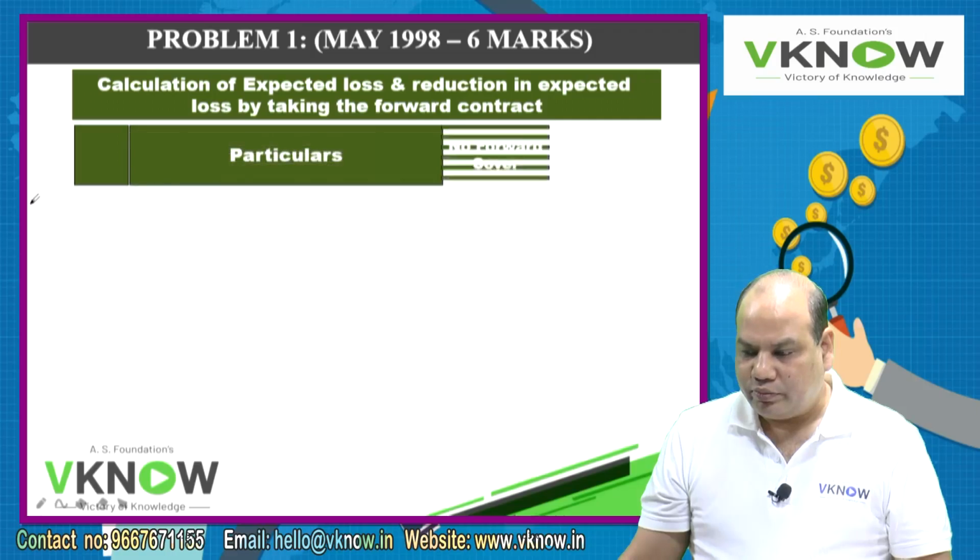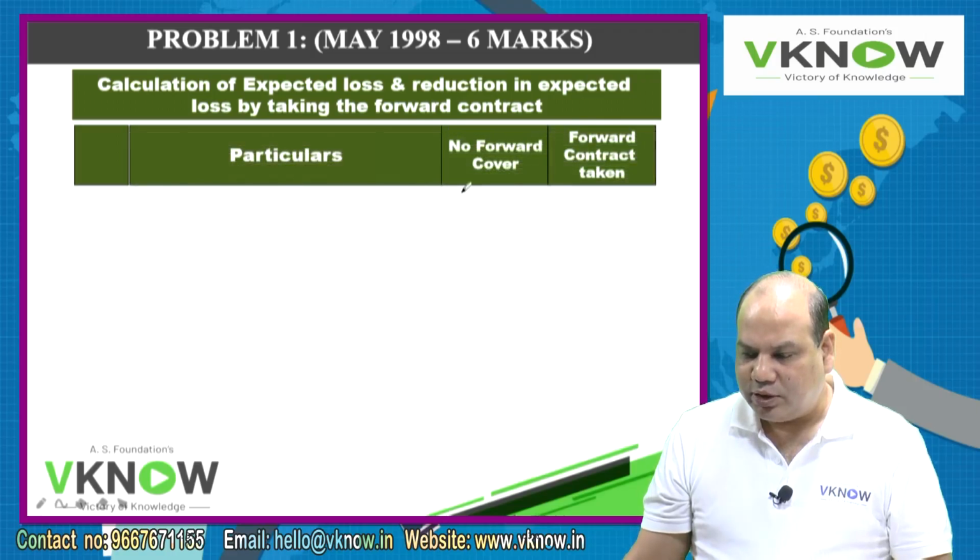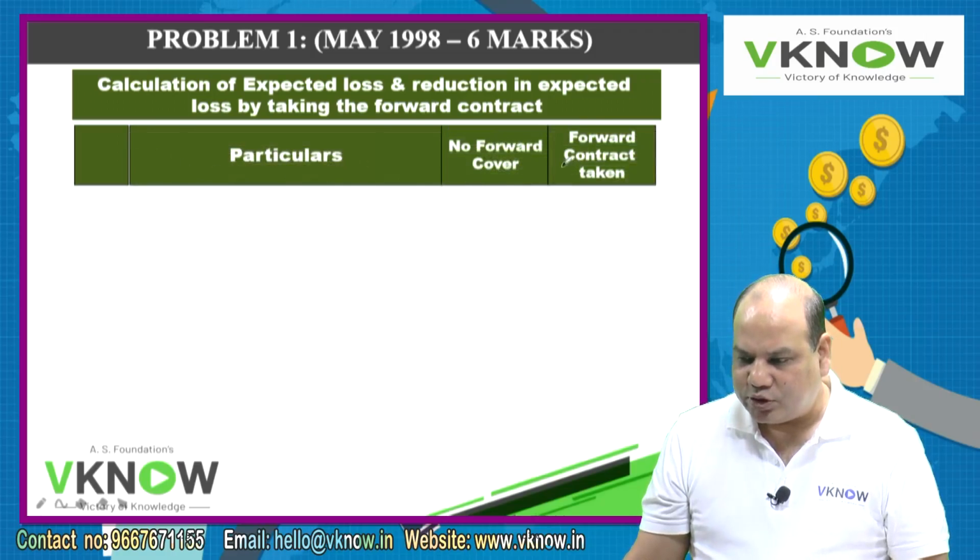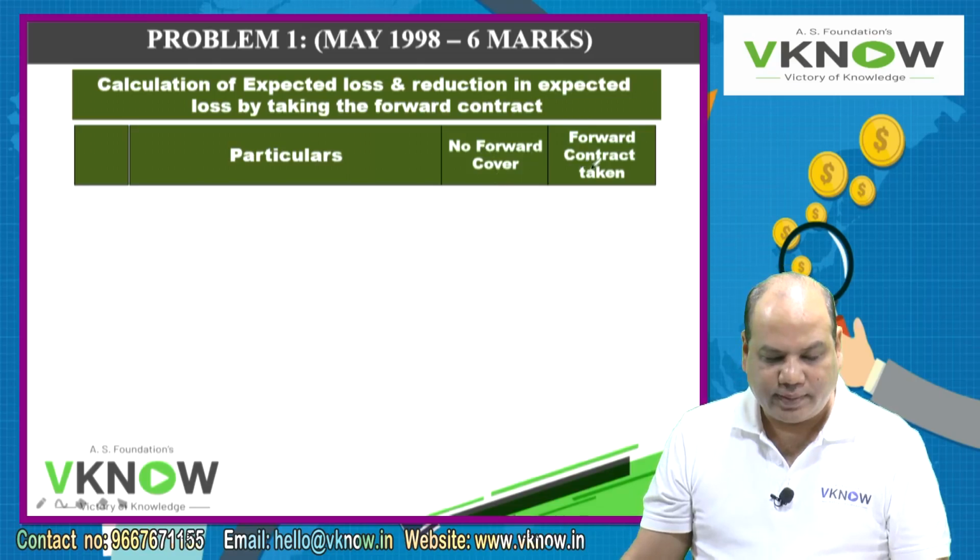You can present the answer in many formats, but this is a simple one to compare side by side. First column, no forward cover. Second, forward cover: forward contract taken.